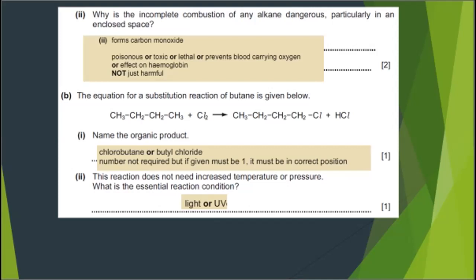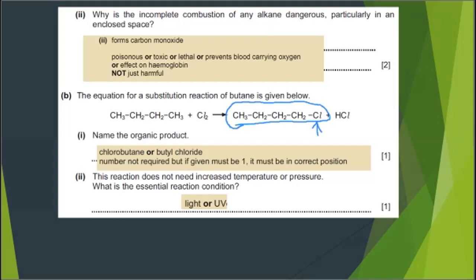Okay, so part B to the question: the equation for a substitution reaction of butane is given below. Name the organic product that is produced from it. Now, when we speak of the product, this is here what we're talking about, right? They ask you to name the organic product. When we're naming this, the first thing we have to recognize is that there is a chlorine.